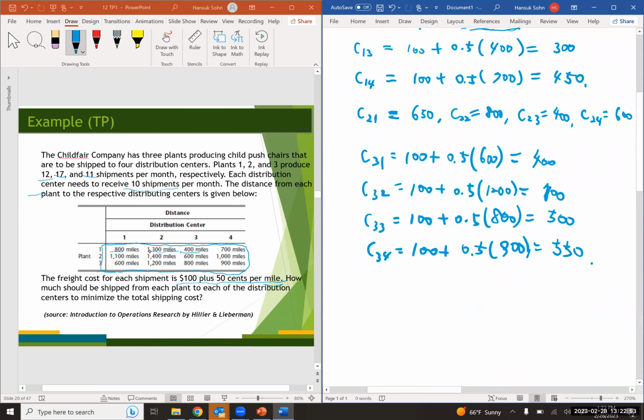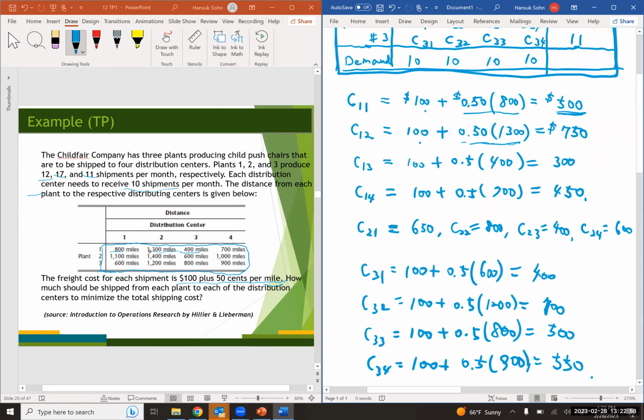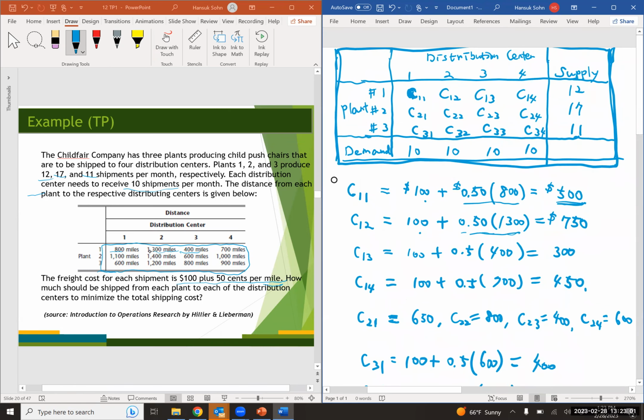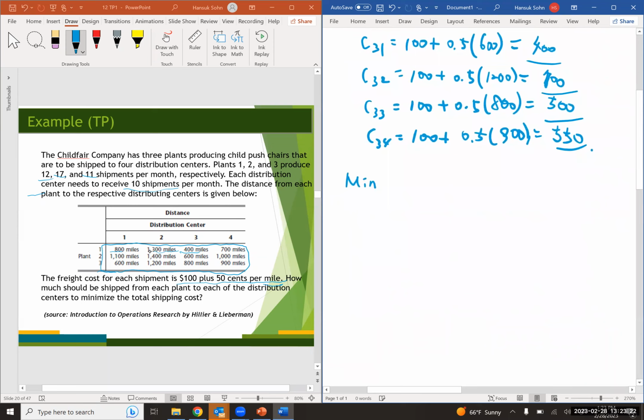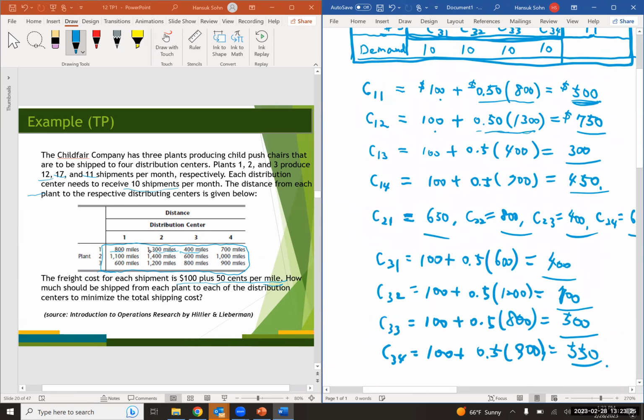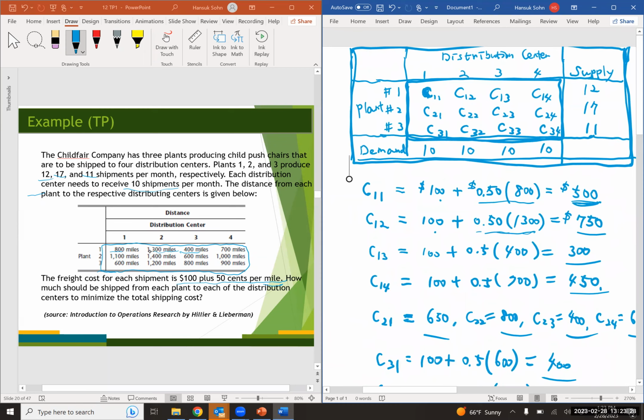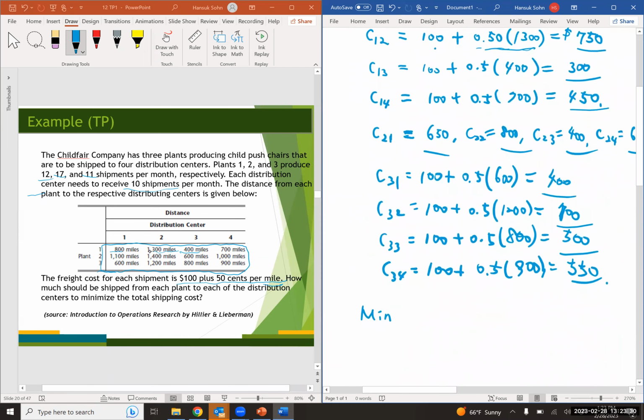So our LP model would be to minimize the total transportation cost, in our case, the transportation cost, right? So we are going to use all of these values that we obtained. It's going to be 500, 750, 300, 450.